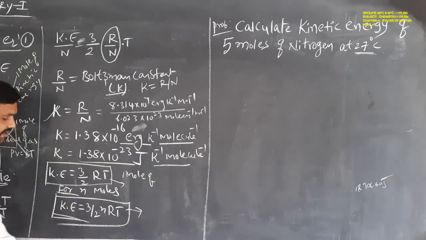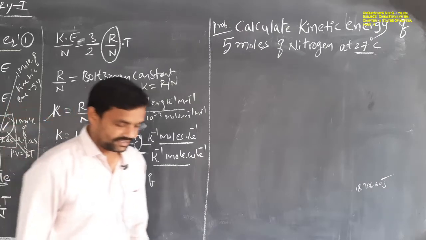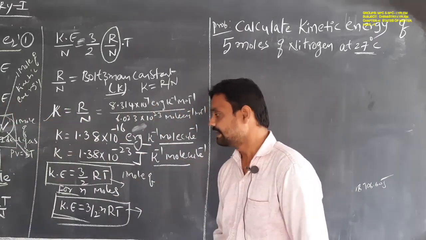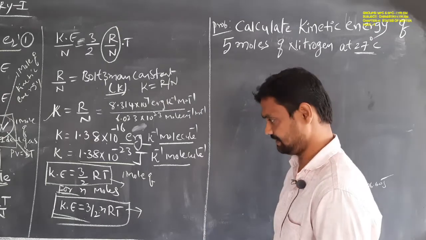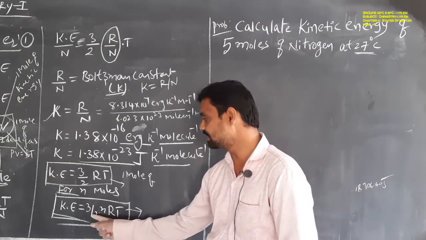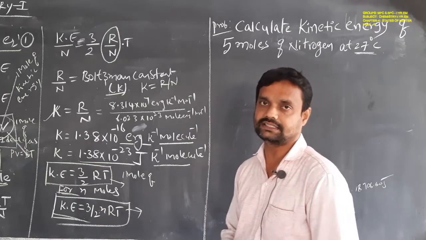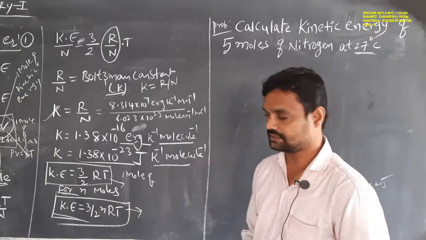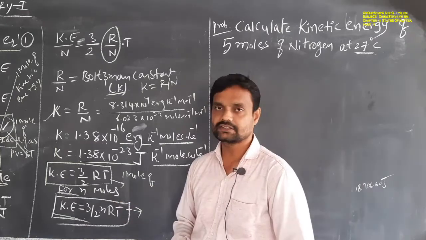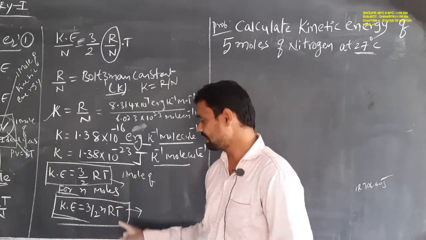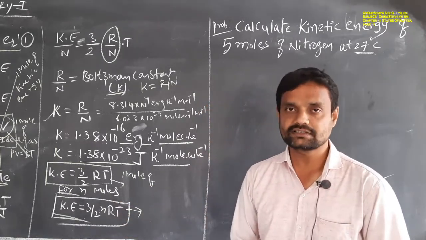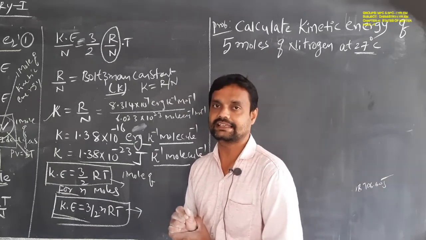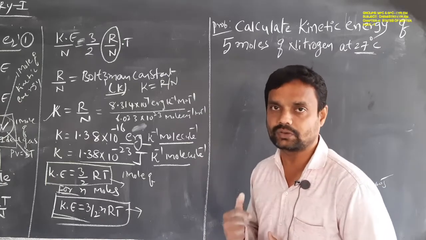This is the n moles kinetic energy equation, where n is the number of moles of a gas, capital R is the universal gas constant and capital T is the absolute temperature. Always for gases it is taken in the Kelvin scale only.